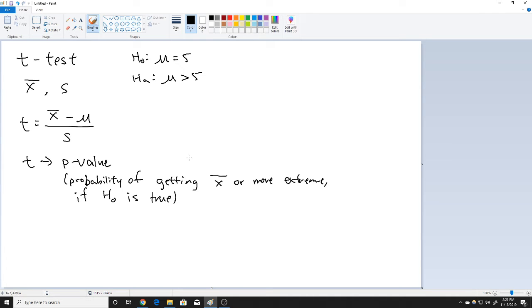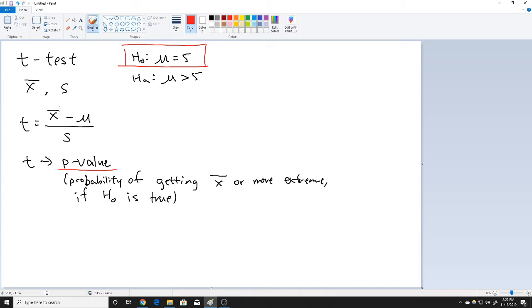Right, and so the base idea is you're assuming that the null hypothesis is correct. If it's correct, what is the probability that you would pick out a sample with whatever sample mean you happen to get.